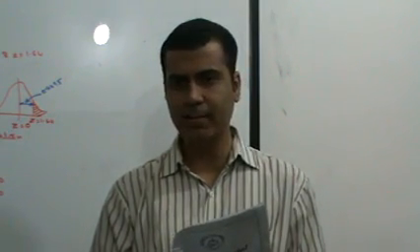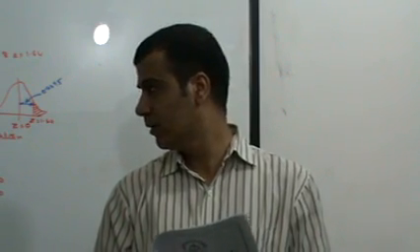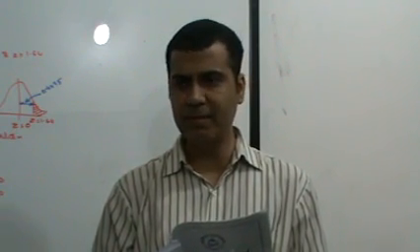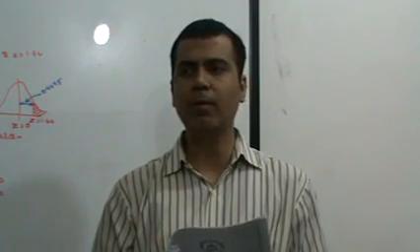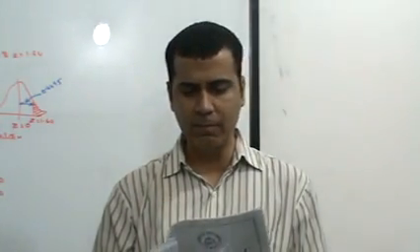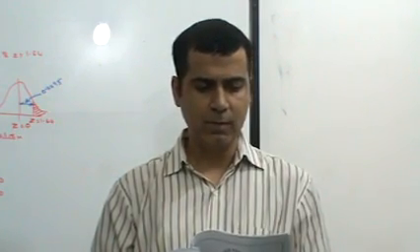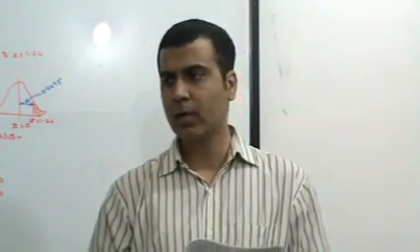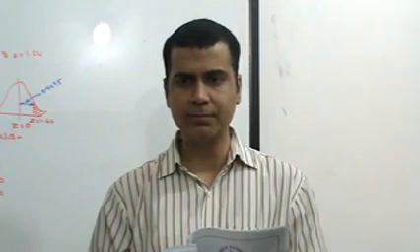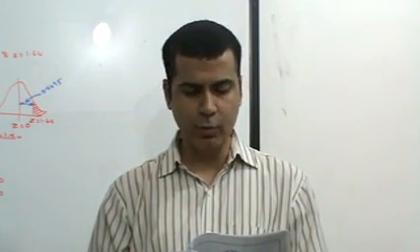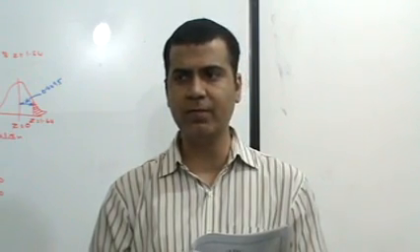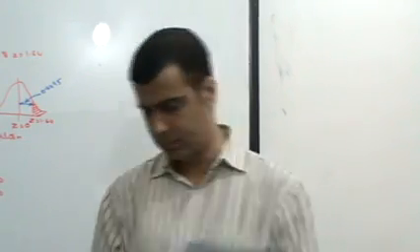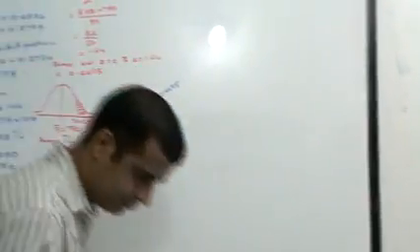Find the probability that the life of the bulb may be, first part of the question, less than 2400 hours. Second part of the question, more than 2450 hours. Right? Let's see this.